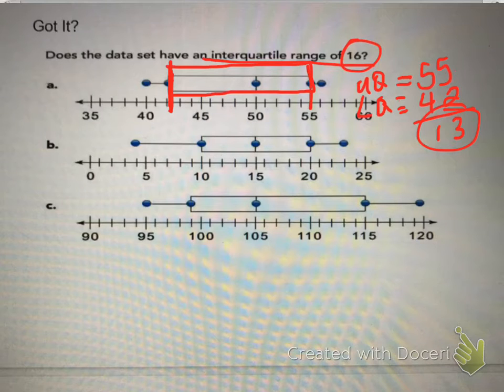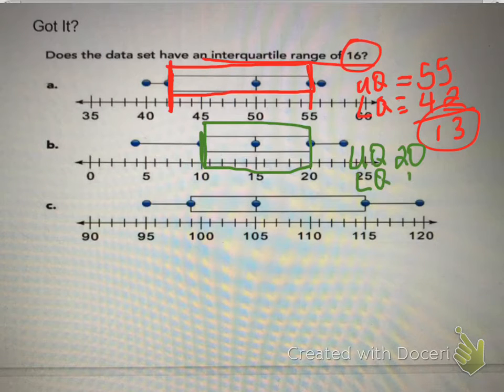So let's take a look at B. Remember, the interquartile range, the middle 50% of the data, is right here. So we've got an upper quartile on this box plot of 20 and a lower quartile of 10, and if we subtract that, we get 10. That is not what we're looking for. So let's check the bottom box plot.